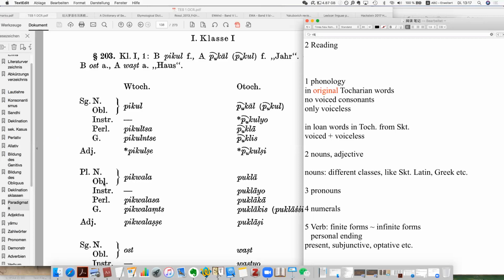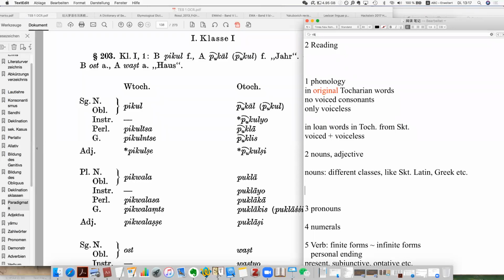So op is accusative. I assume that you all know that op is accusative. And pair is appellative, instrumental. So based on the form of the plural nominative, we can divide the Tocharian nouns into different classes.